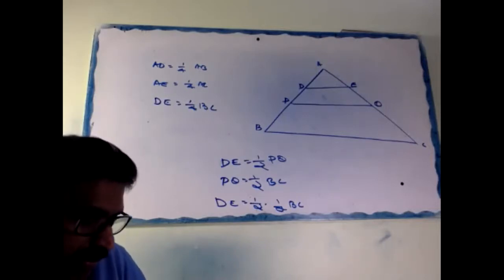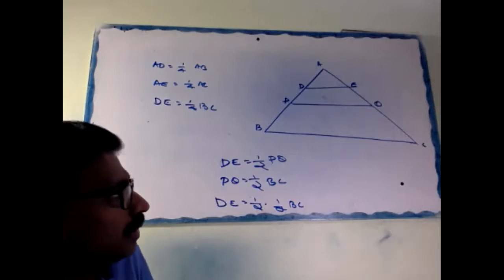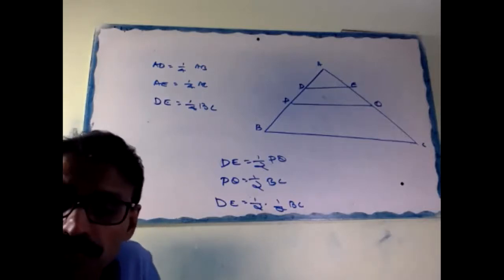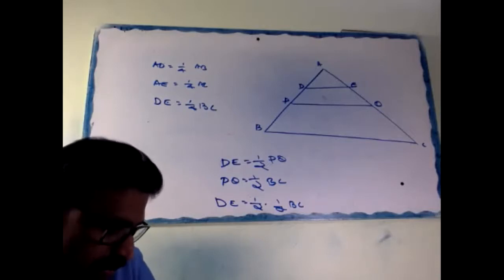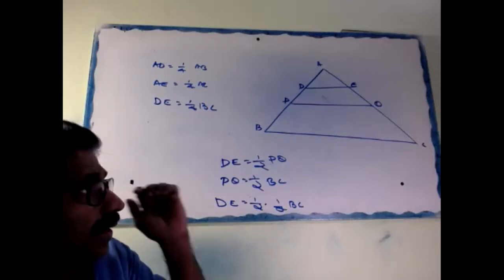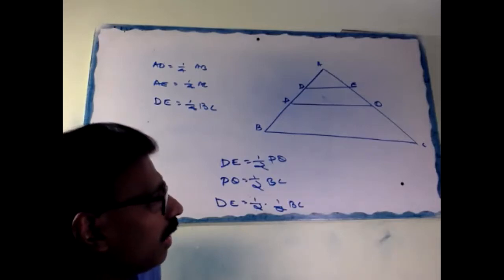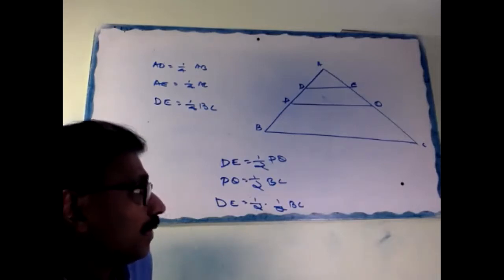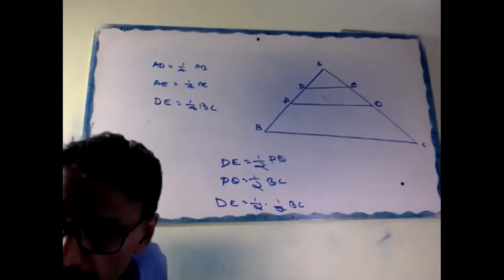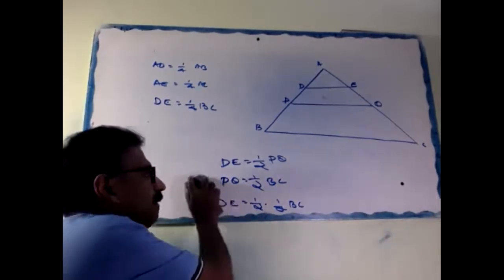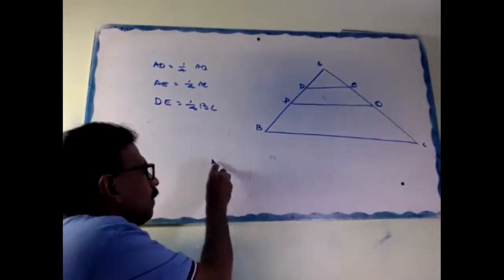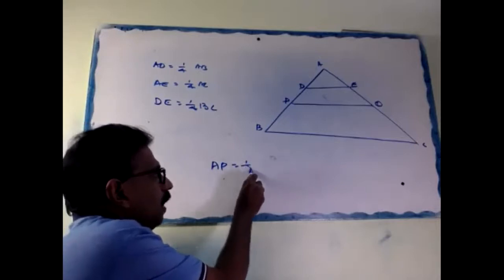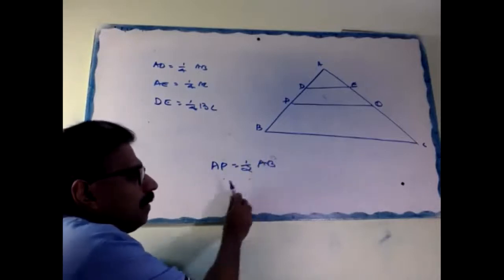Then in the proof, in triangle, AP equal to half AB by marking.